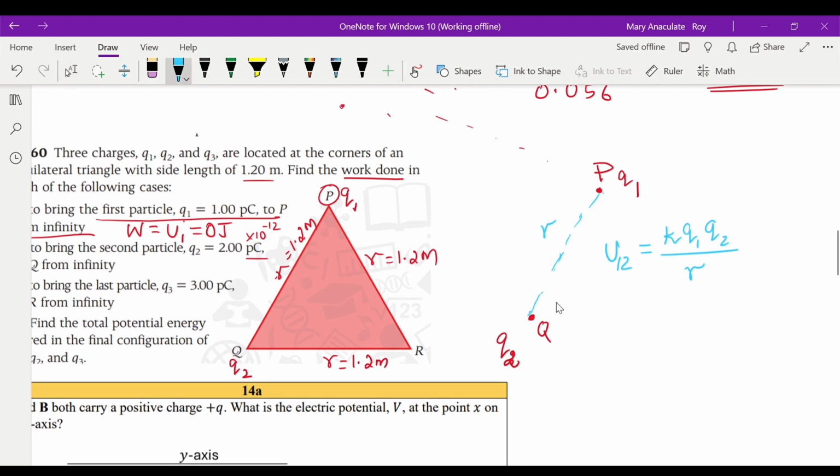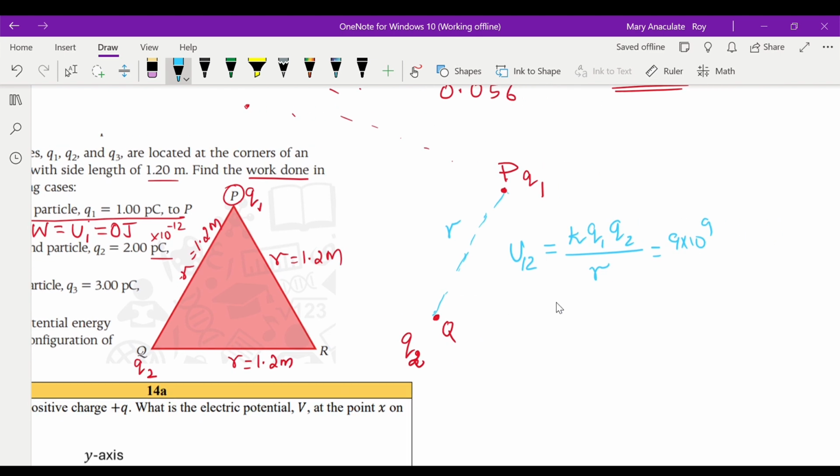All the values are given to you, so you don't have to think much. 9 times 10 to the power of 9 times 1 times 10 to the power of negative 12 times 2 times 10 to the power of negative 12 over R, which is 1.2 meters. It's already in meters, so you don't have to do any conversion. So you will get 1.5 times 10 to the power of negative 14 joules. So this is for part B.